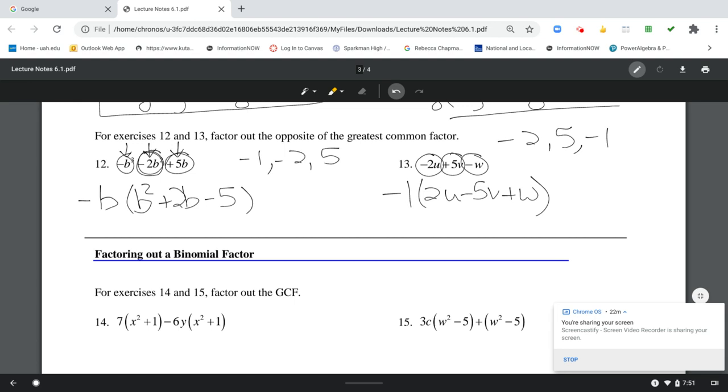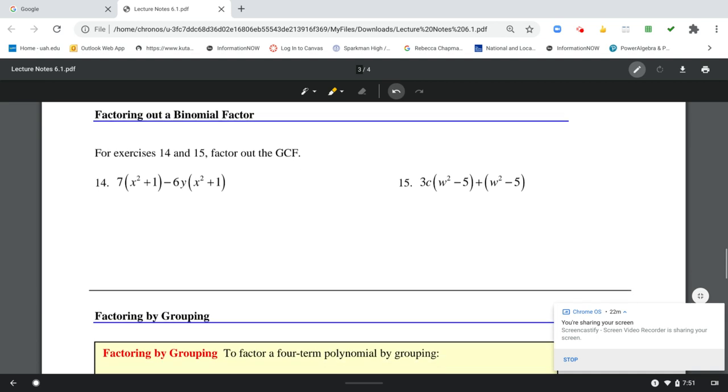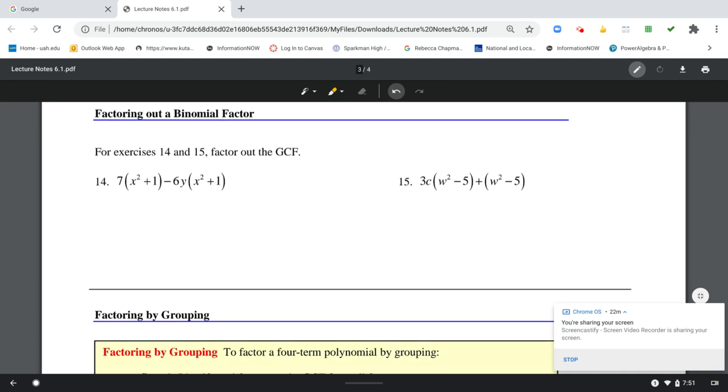Now, we are going to get into the second part of this lesson, and I know this lesson is a little bit longer than I would like it to be, but there's a lot of material in here. So factoring out the greatest common factor as a group, factoring out what they call a binomial factor, and that's what that group is. So if you notice here, what's in the boxes, both of those groups of items have a parentheses that's exactly the same.